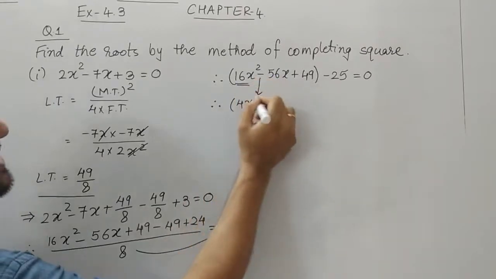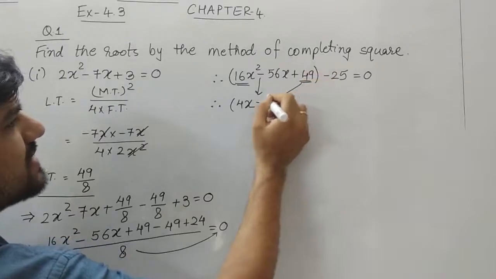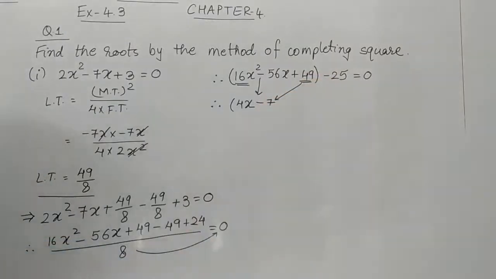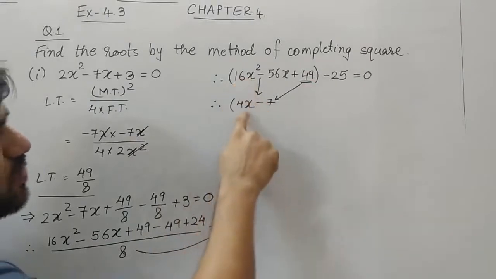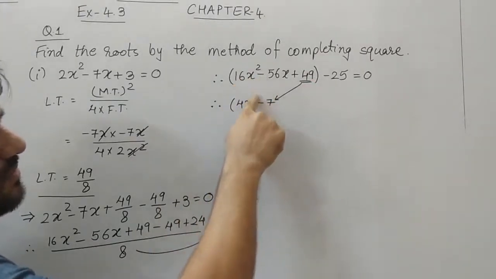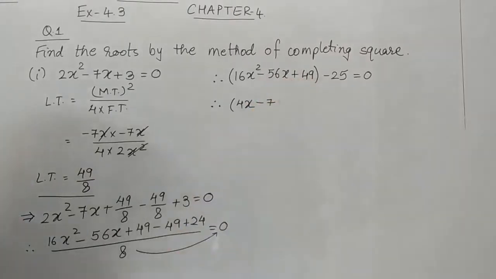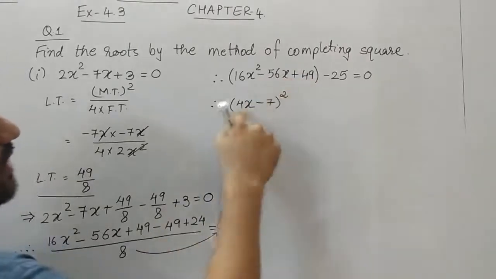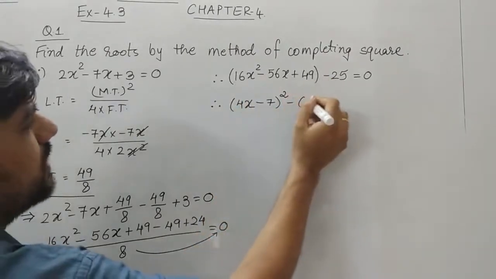Then we write down the sign of the middle term, and the square root of the last term, that is 7. See what I have done again: the square root of the first term, that is 4x, the sign of the middle term minus, and the square root of the last term, that is 7. So we can say it's a perfect square trinomial of 4x minus 7. And 25 is also a perfect square of 5.